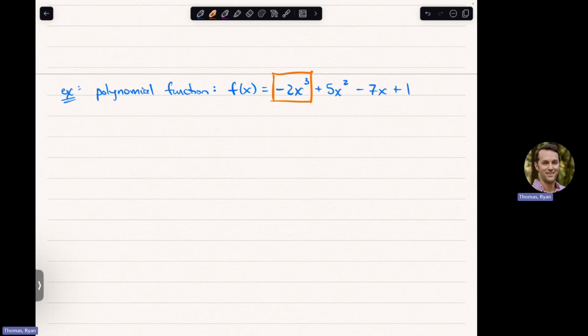So in general, we call this the leading term. The leading term is the one that's in front if we write it in standard form, which is, again, descending order of the powers. That means the leading term is the one with the highest power.